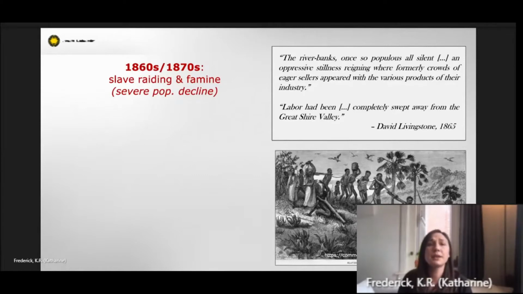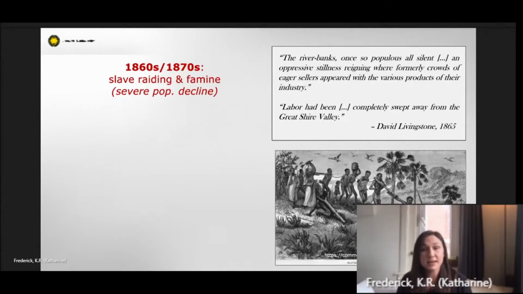Well, there are two major developments that occur simultaneously in this area. To begin with, from the late 1860s and into the 1870s, the region ends up being plagued by very violent, large-scale slave raiding, which completely disrupts village life.